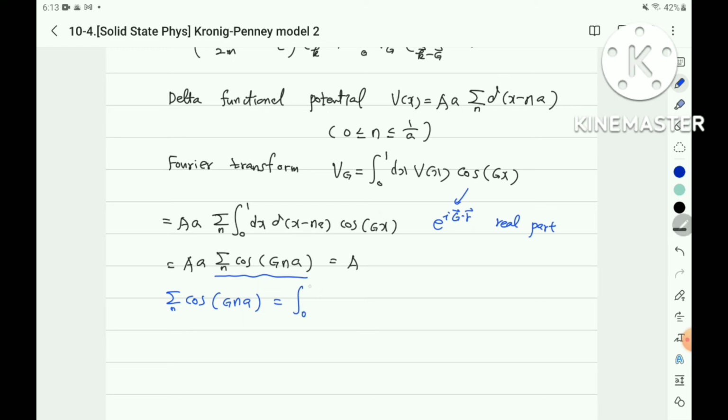Therefore, the integral from 0 to 1/a of dn cosine gna gives 1/(ga) sine gna, with n from 0 to 1/a. Therefore it is 1/(ga) sine g. Then in this approximation it is 1/a. Therefore the A and the 1/a cancel with each other. The solution is A.